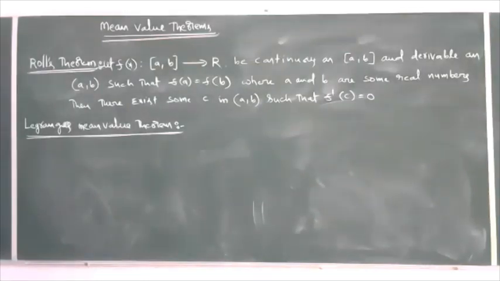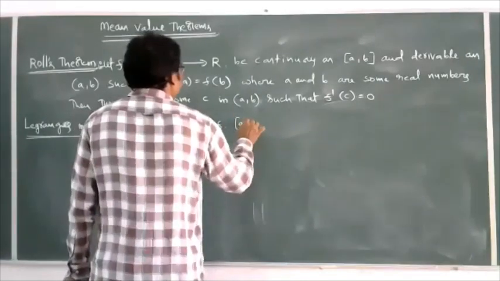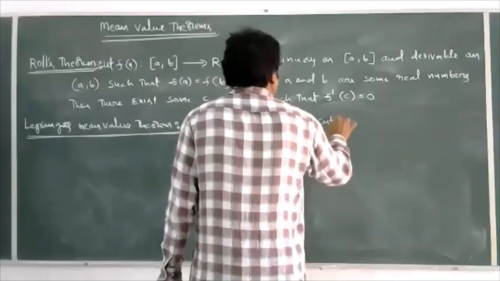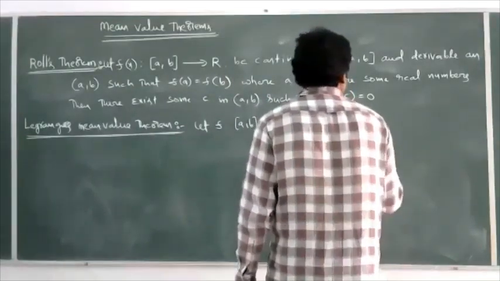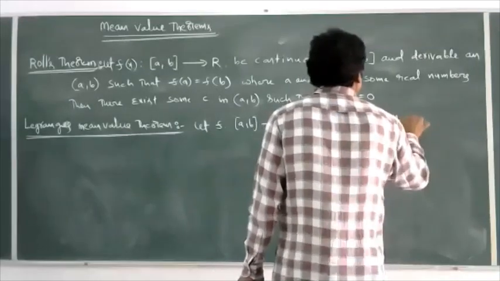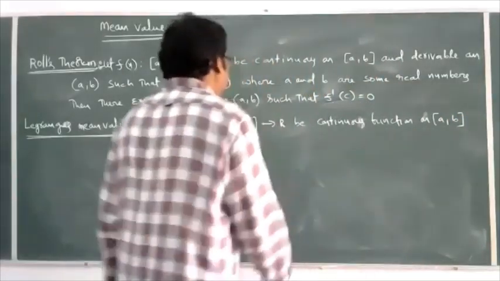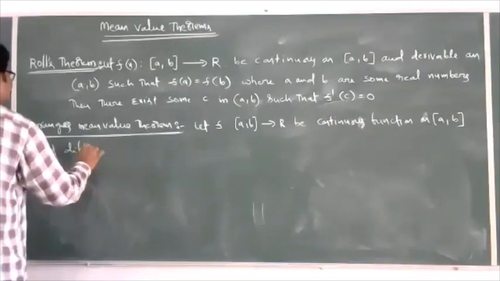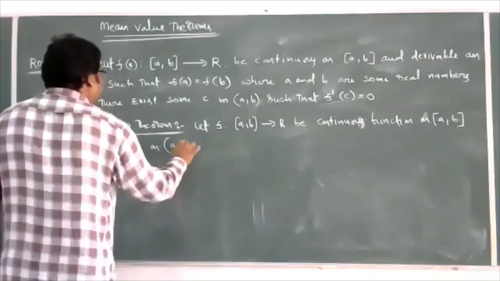Let f from closed a comma b to R be a continuous function on closed a comma b and differentiable on open a comma b.